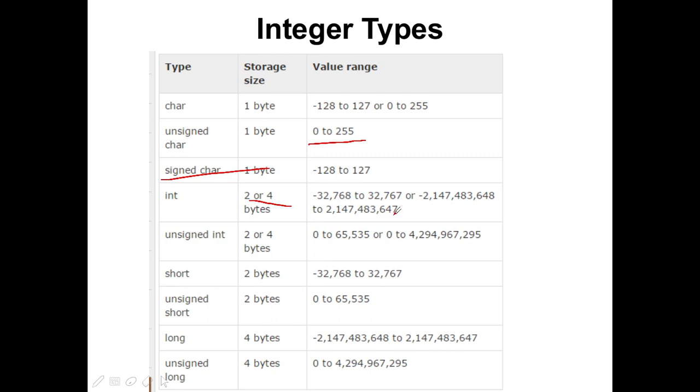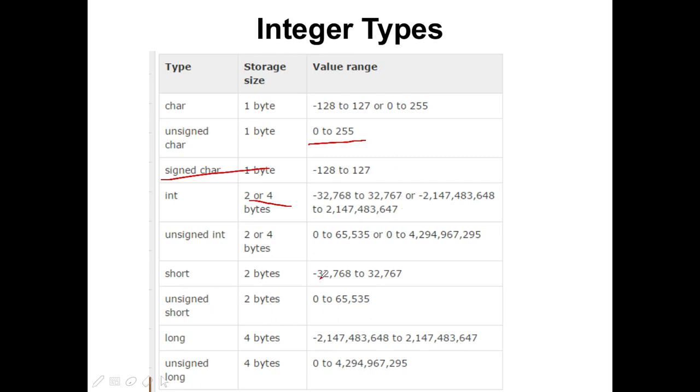To work it out, you have to see 2 power: 4 bytes means 32 bits. Leave 1 for sign, so 31 bits can hold the value, with zeros or ones combinations. So the range is minus 2 power 31 to plus 2 power 31 minus 1. Why? Because 0 has to be there, so on the positive side you will have 2 power 31 minus 1.